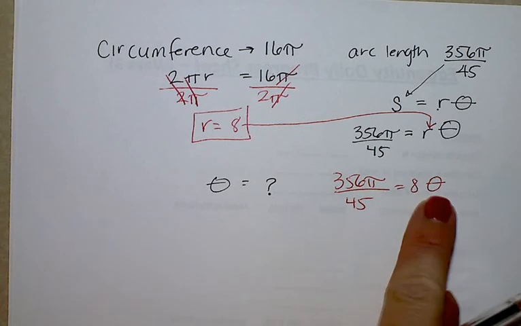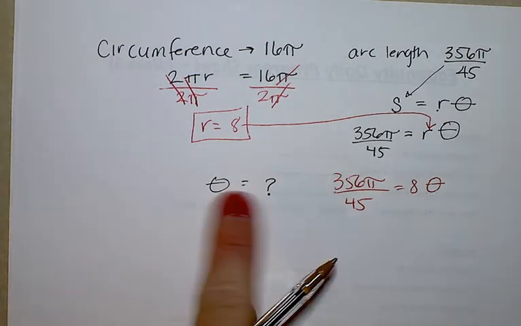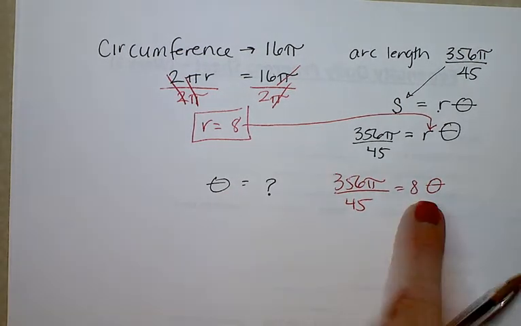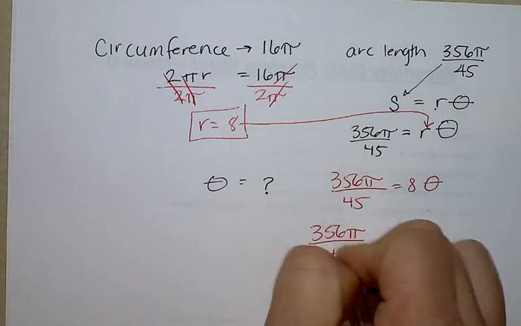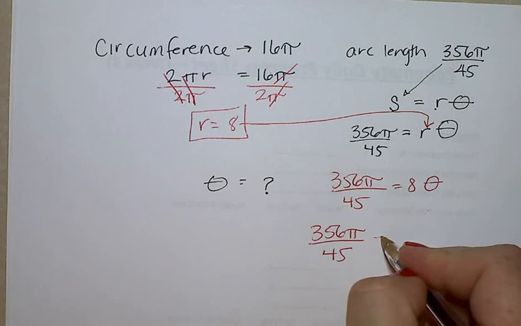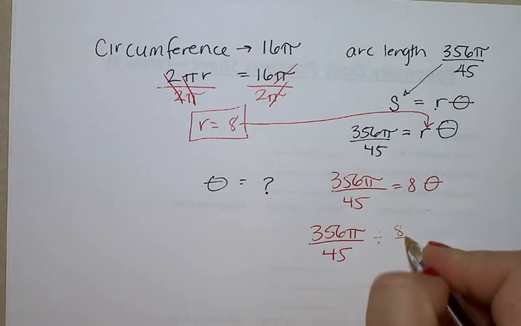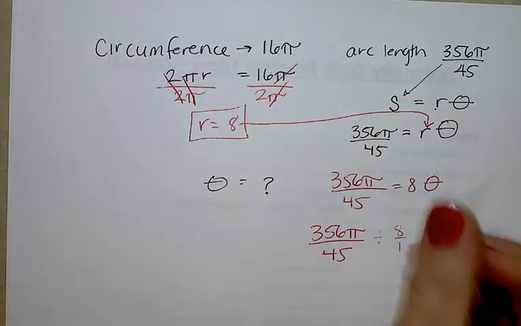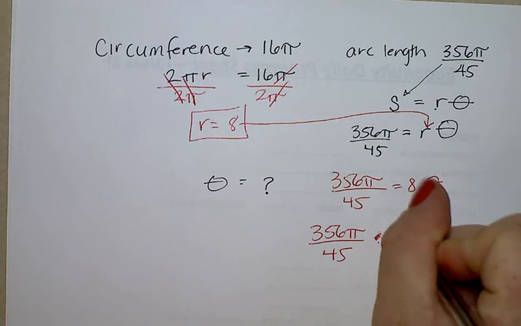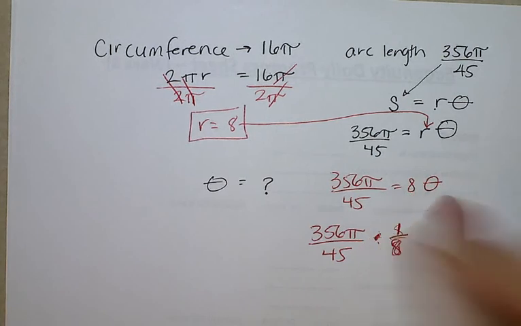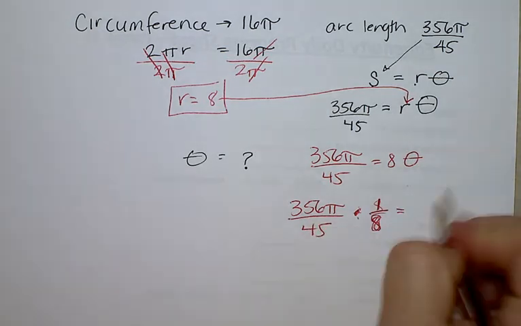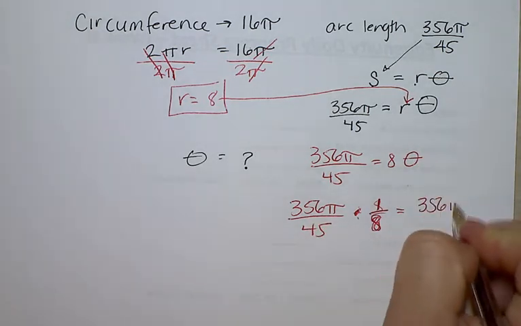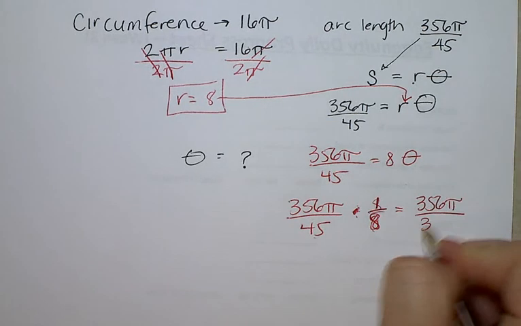To isolate the central angle, that's the purpose of this problem, I'm going to divide by 8. As a reminder, when you divide by a number, you really end up multiplying by the reciprocal. Multiply straight across, I end up with 356 pi over 360.